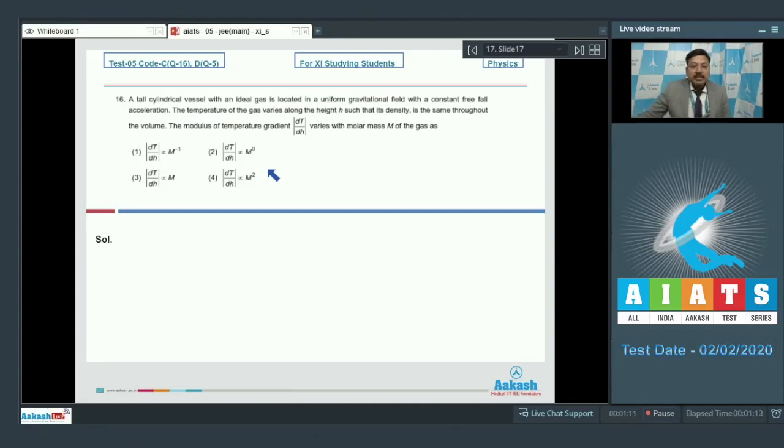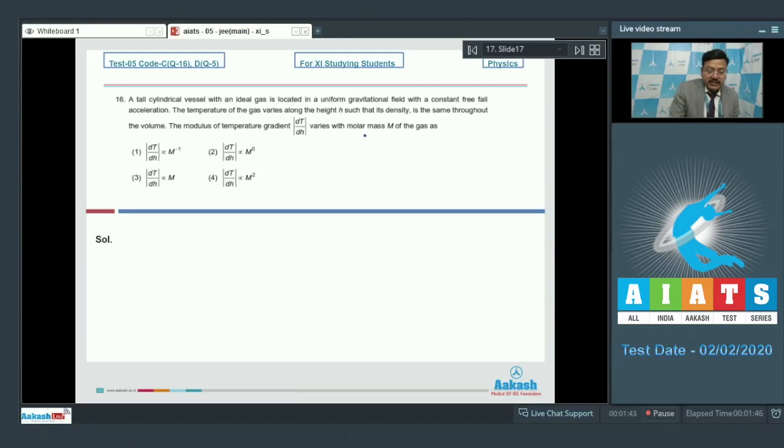Now it's given that the free fall acceleration is constant, so that means we can take g to be a constant in this particular case, and density is also the same throughout the volume, whereas temperature of course varies with h. So first of all, let's write the expression for variation of pressure of the gas with height h.